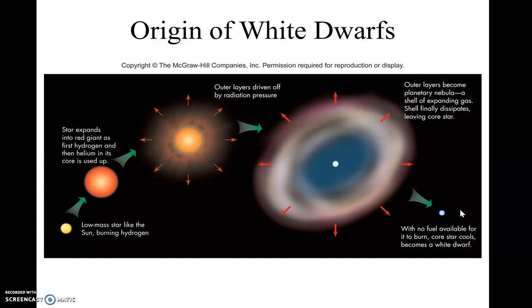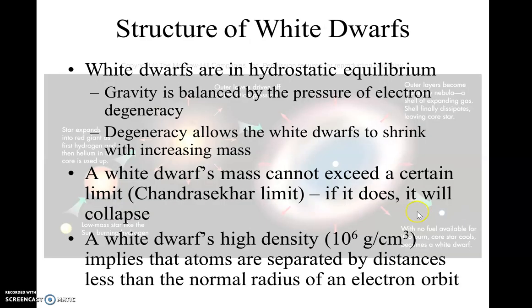It's no longer fusing. There's no fuel. These things are incredibly dense, on the order of millions of grams per cubic centimeter, by far much more dense than anything humans can create in our laboratories.